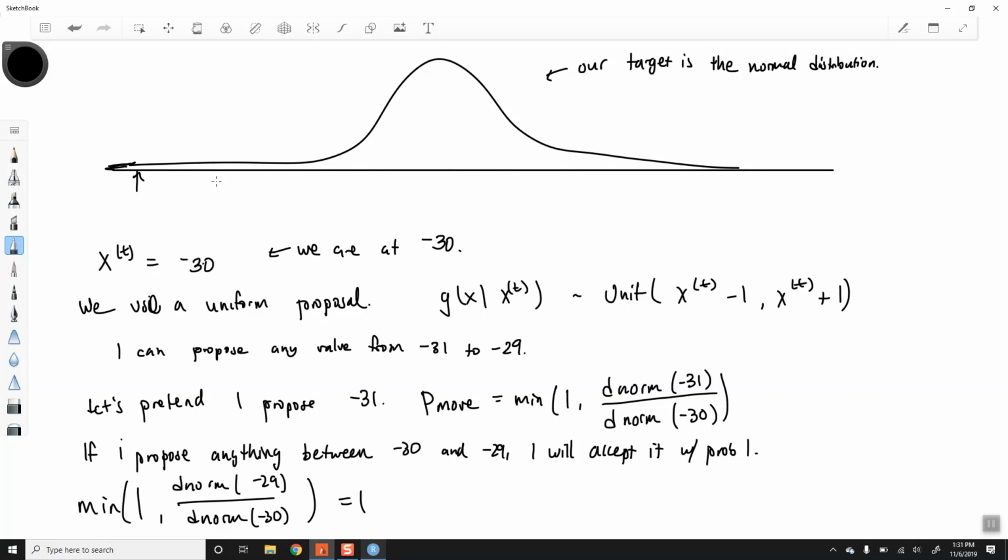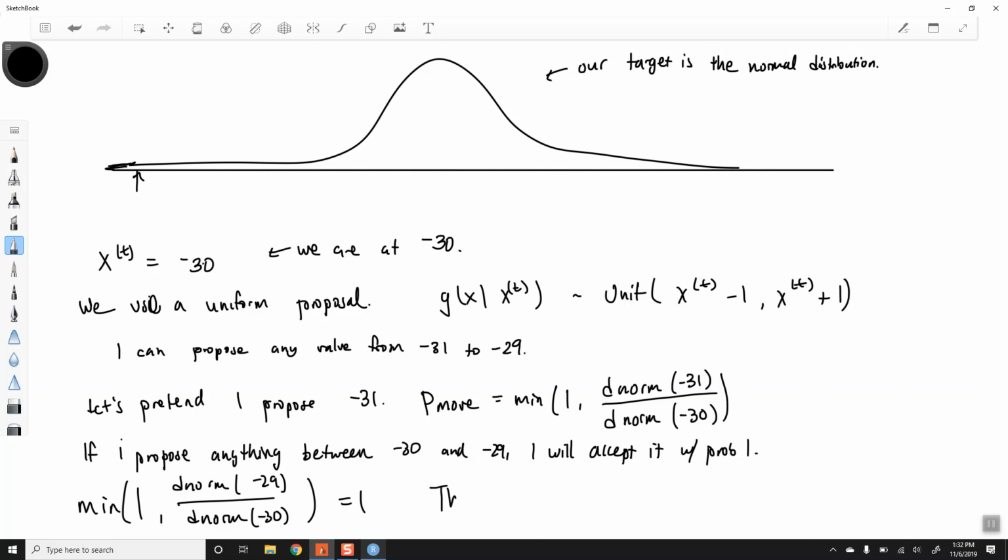But in general, anytime I move towards an area of higher probability, I will go in that direction. It's only going to take maybe 50 or 60 iterations, maybe more, but if you run it 100 steps, you're going to be in the region of a reasonable value from the normal distribution.